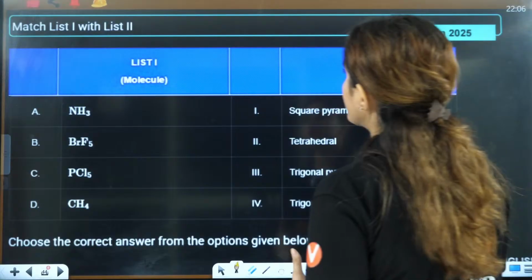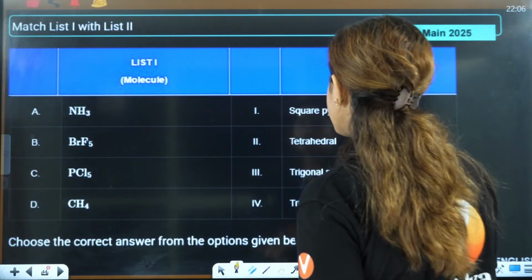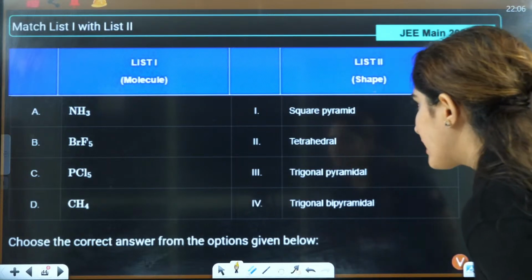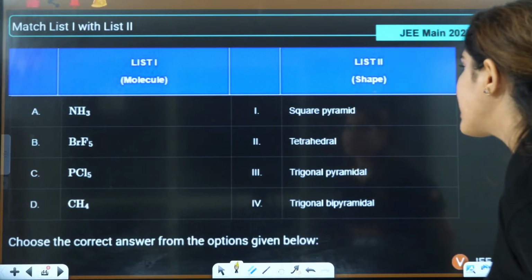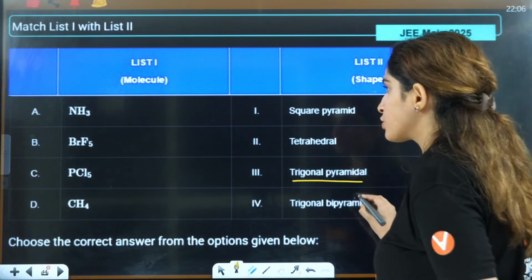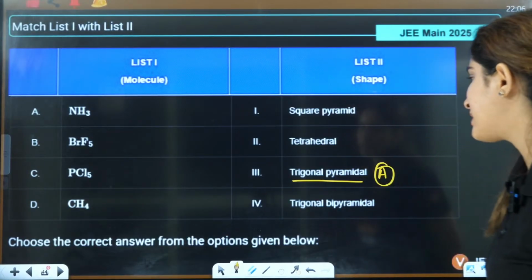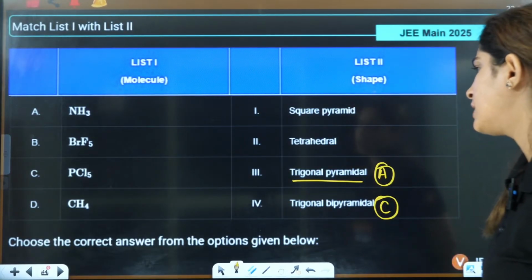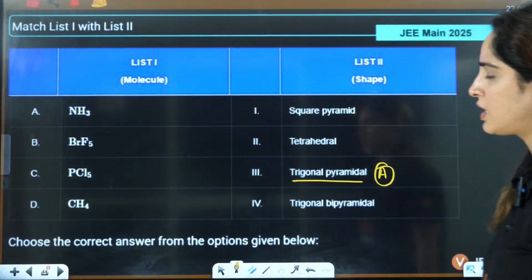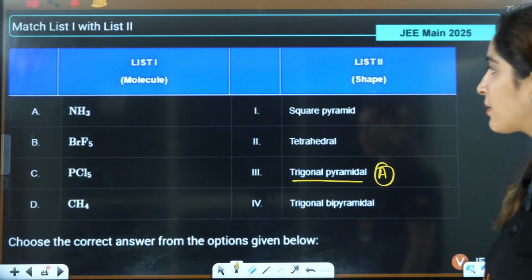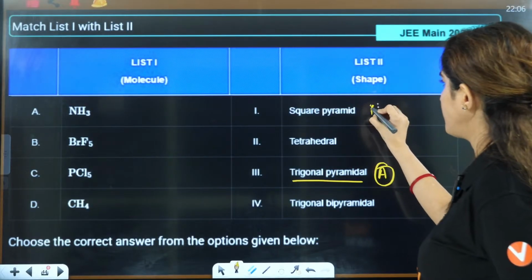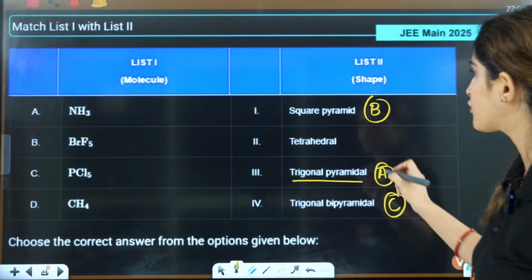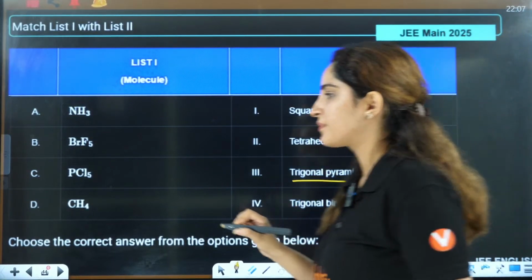Here, see, they have asked you to choose the correct answer. NH3 is actually pyramidal, so this will be A. PCl5 is trigonal bipyramidal, this will be C. BrF5 is square pyramidal, yes, this is B. CH4 is tetrahedral, that is D. All we have discussed.